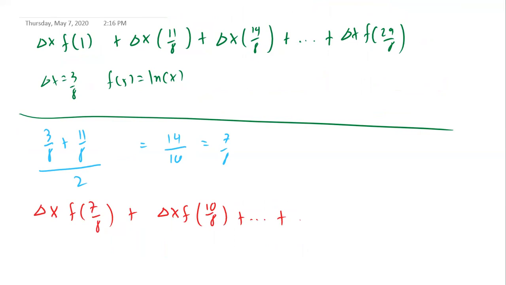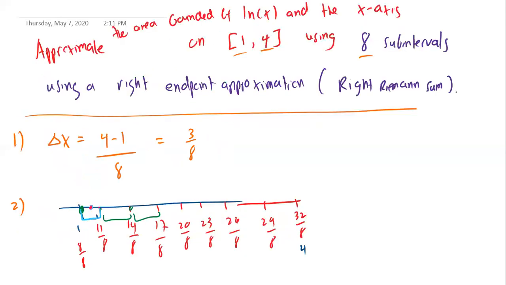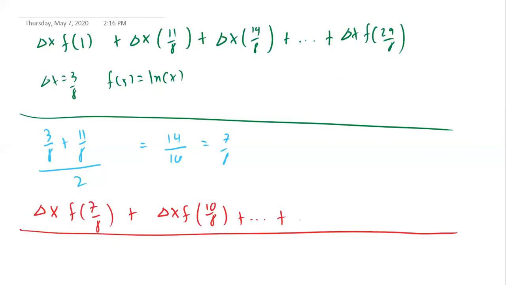Then, of course, for the right endpoint, you go to the first subinterval and find the right endpoint. That's where you're going to be evaluating your function. So this was 11/8, and then again, just add change in x each time to your input to get to the next right endpoint. That's 14/8, etc., until you have 8 terms in your sum. Okay, that's how you do that.